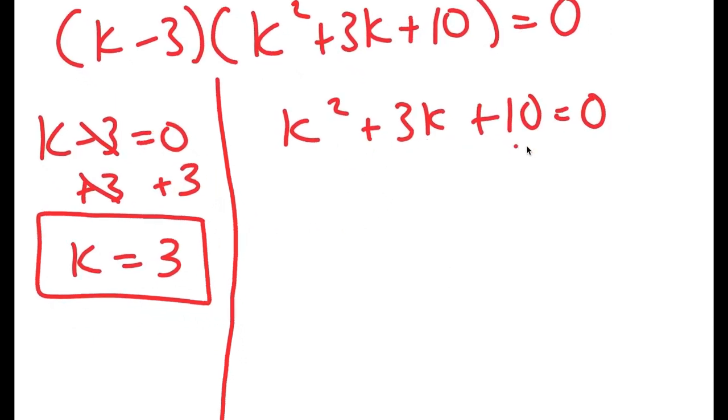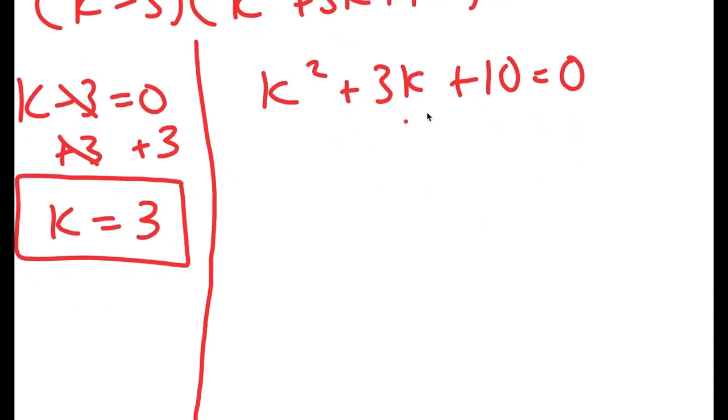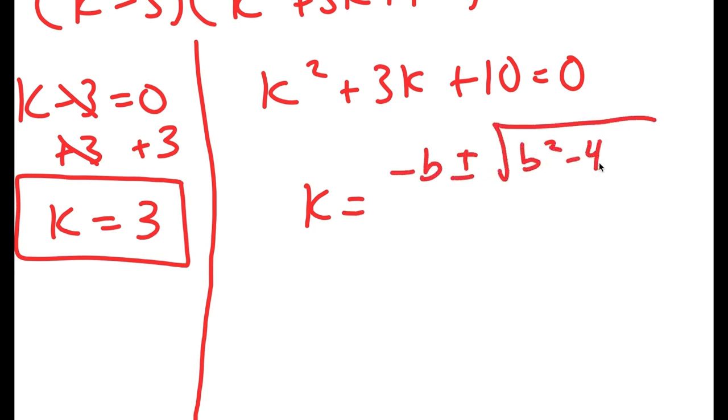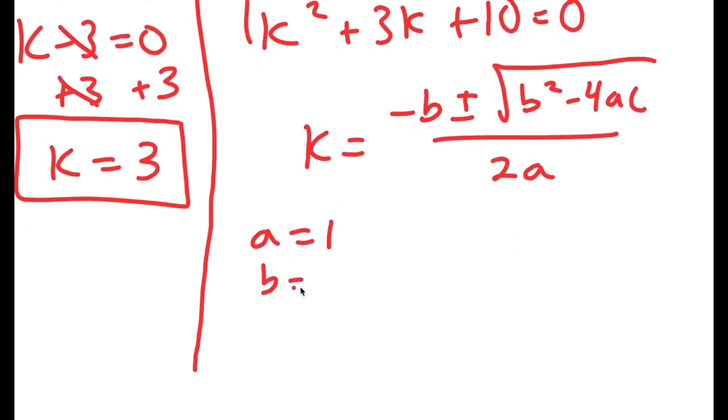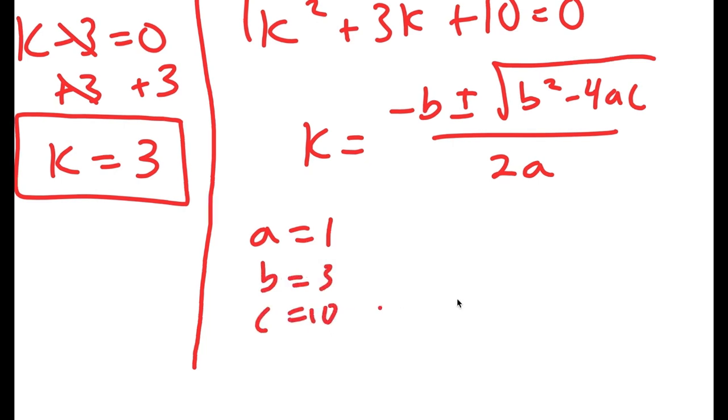And for k squared plus 3k plus 10 equals 0, because this is a quadratic equation, I can use the quadratic formula, which is negative b plus or minus the square root of b squared minus 4ac all over 2a. So in this case, a is 1, b is 3, and c is 10.